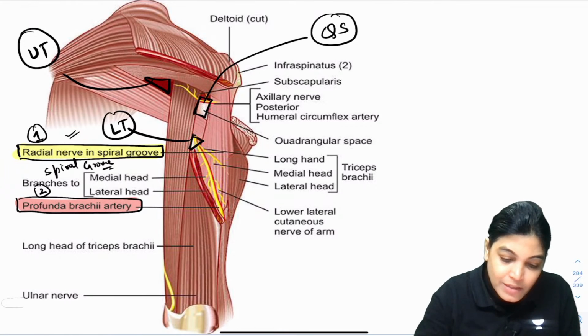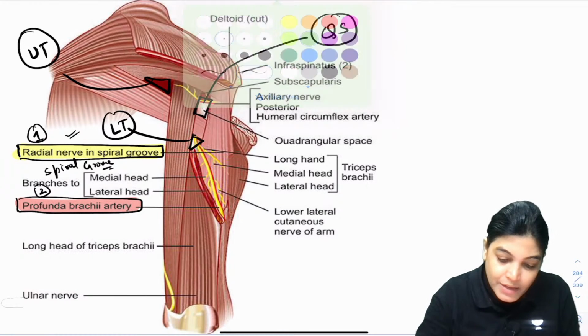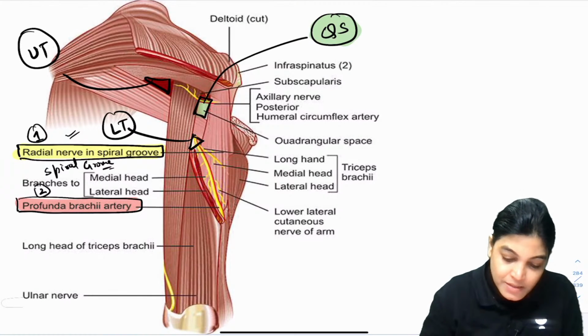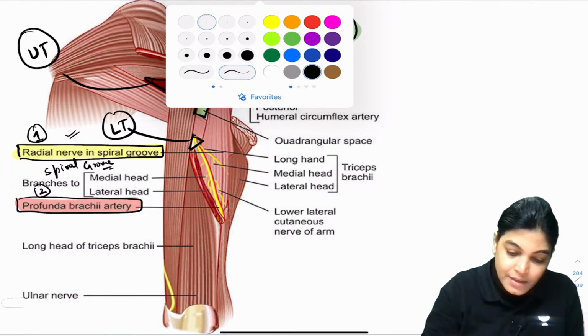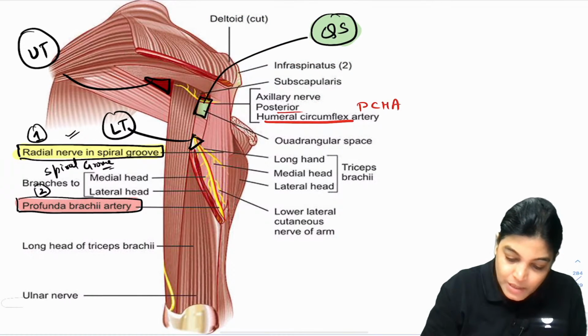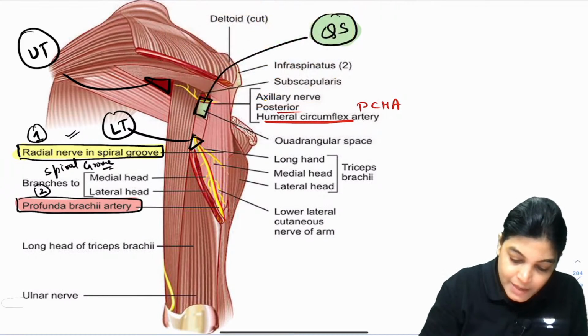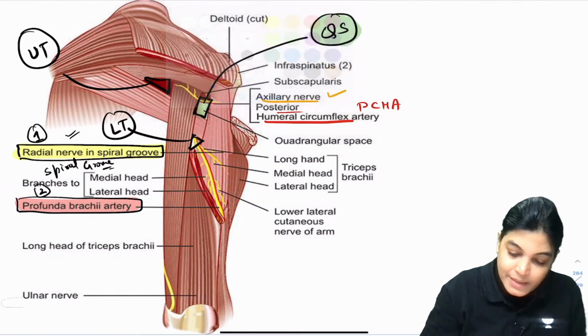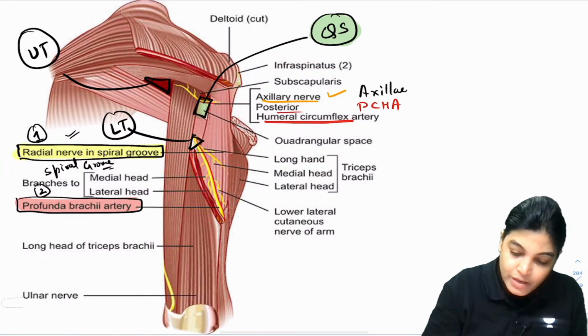Now the quadrangular space. Here 2 structures are lying: one is the posterior circumflex humeral artery, and the other is the nerve, the axillary nerve. So these 2 structures pass through the quadrangular space.